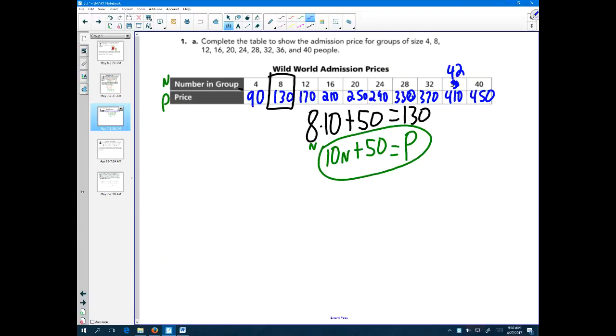Why can't I just copy them down the way they are? Because they don't go up the same every time, right? Here you would have jumped from 0 to 90 and then went up by 40 every time.